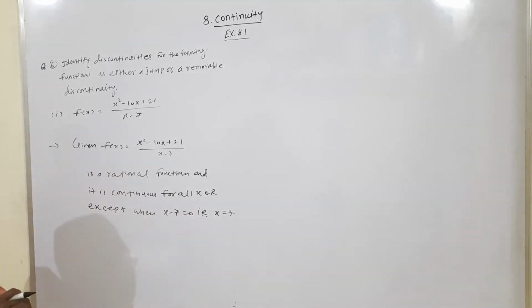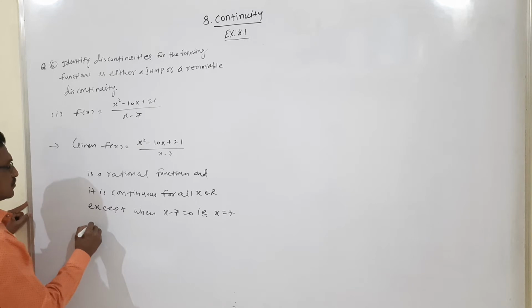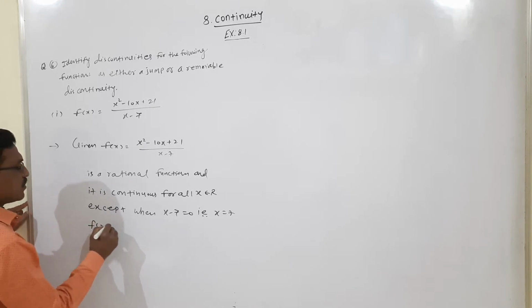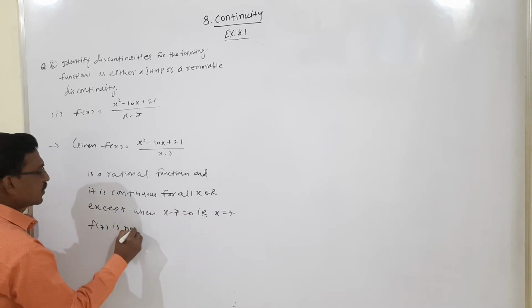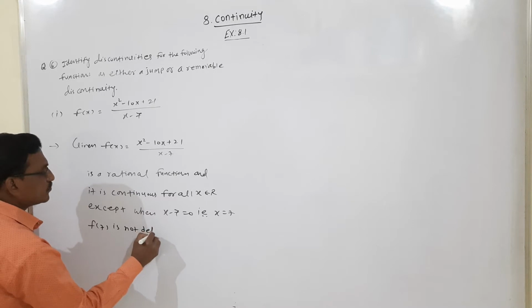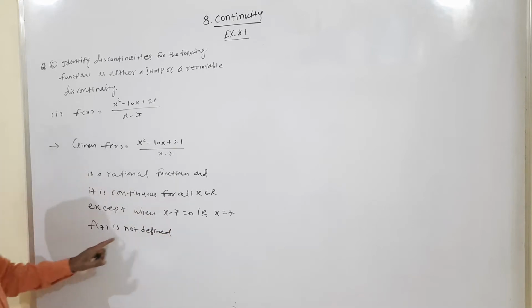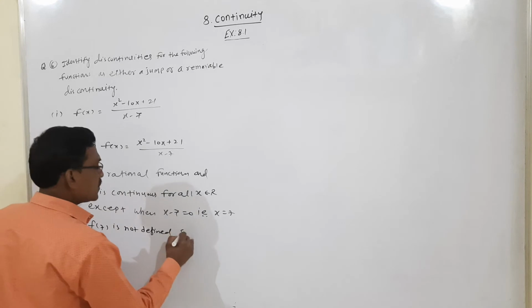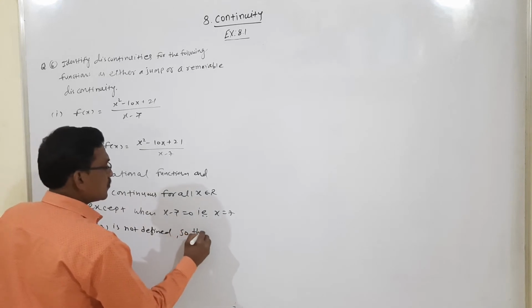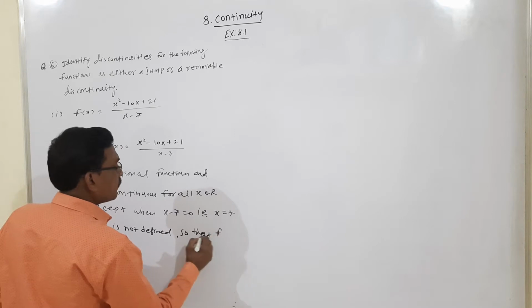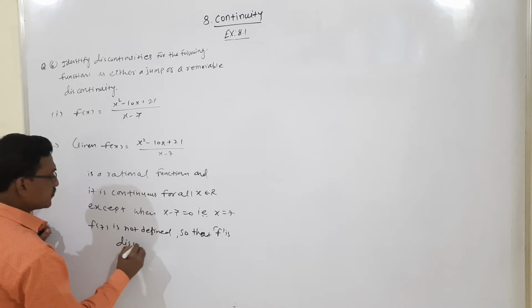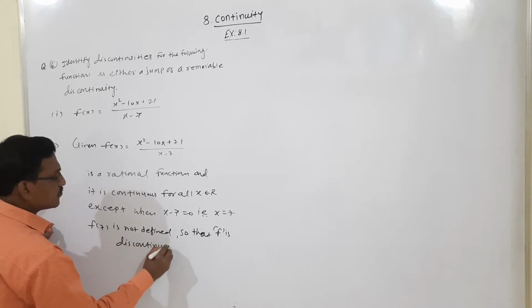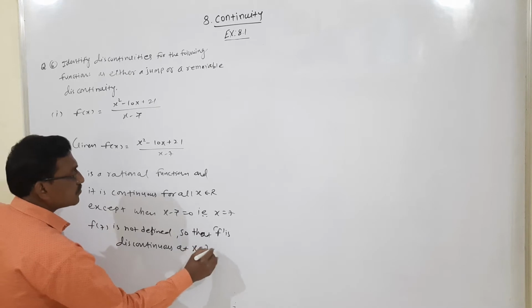And so therefore f of 7 is not defined. F of 7, the value of the function at that point, is not defined because it is discontinuous there. So the function f is discontinuous at x equal to 7.